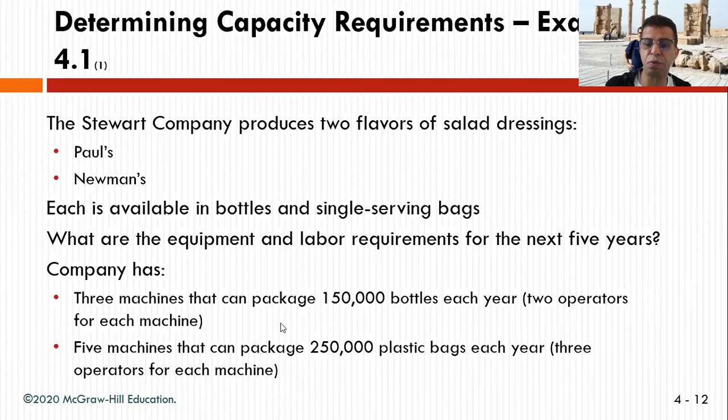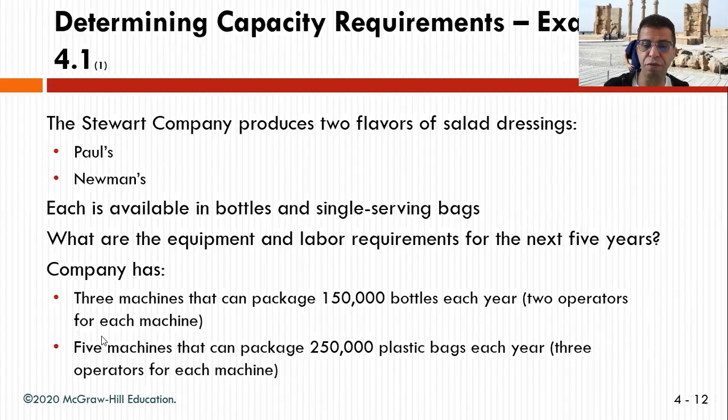So the first step, you need to know your capacities and the sales prediction. In terms of capacity, we have 3 machines that can package 150,000 bottles each year, and we need 2 operators for each machine. And we have 5 machines that can package 250,000 plastic bags each year, where we need 3 operators for each machine.